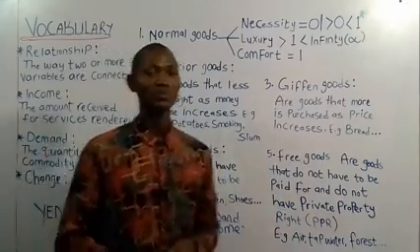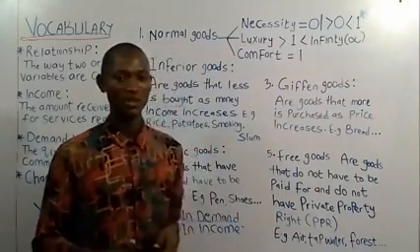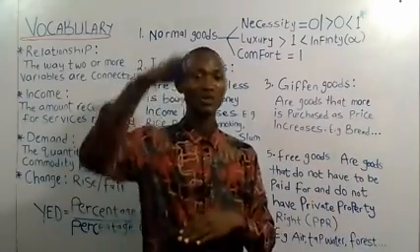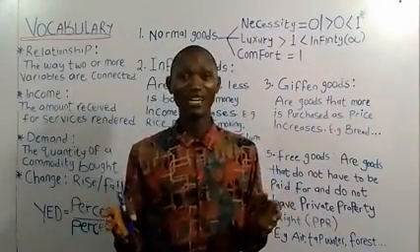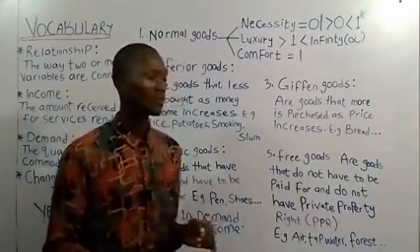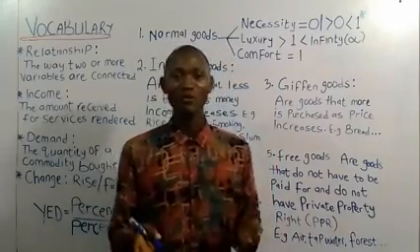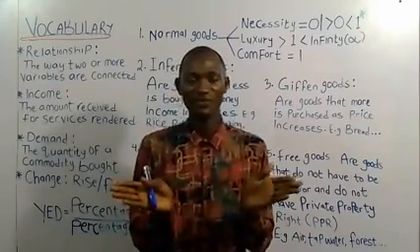Giffen goods are goods that more is purchased as price what? Increases. E.g. bread. So as the price of the goods increases, you tend to buy what? More of it. I know some of you are like, hold your horses, I will explain. Now, Giffen goods is an abnormal demand situation. Everyone knows that the normal demand slope is negative.